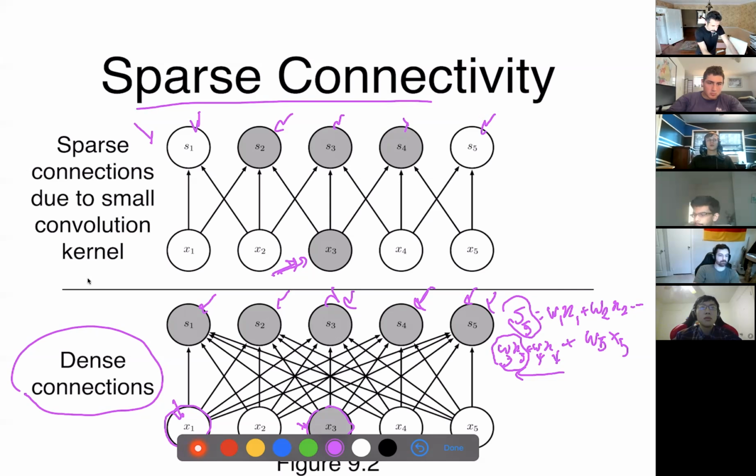So all of these X1, X2, X3, X4, and X5 affected the value of S3, right? For calculating S5, we needed the value of all of these X's. So the same thing, but two different perspectives that you can look at it from.